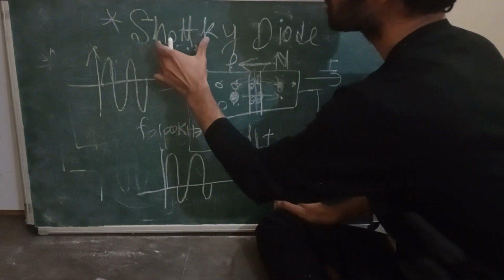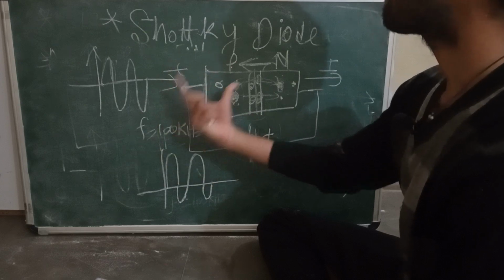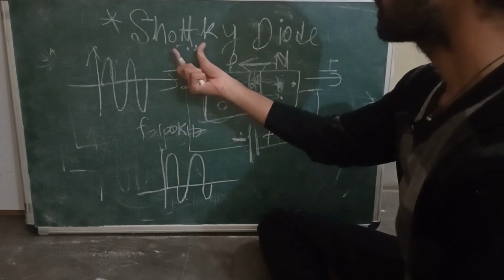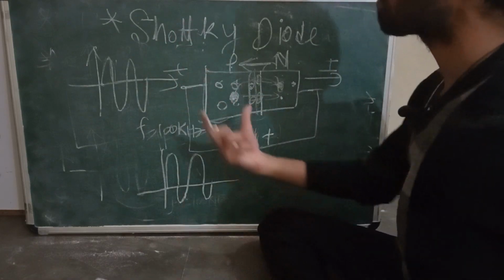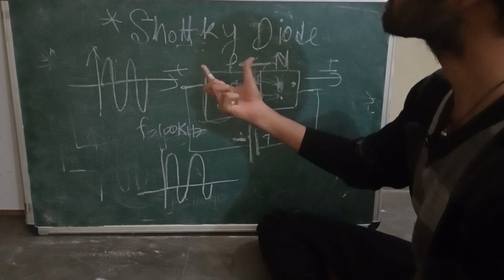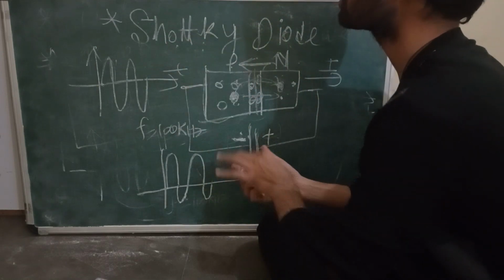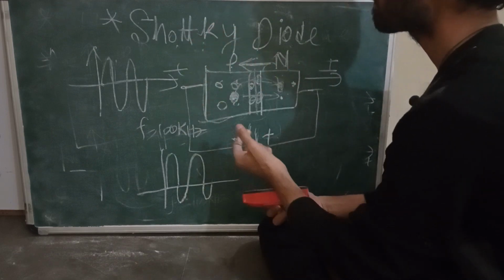Then the Schottky diode comes into the picture. It will rectify and sort out the problem of rectification of high frequency signals. So that is the reason that we are using the Schottky diode.